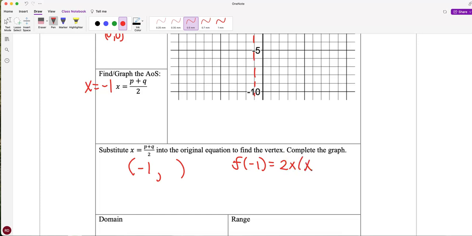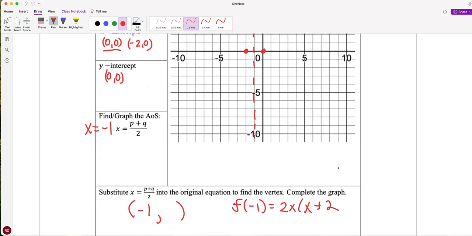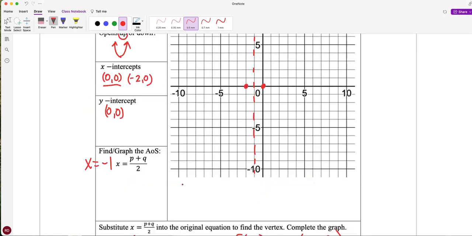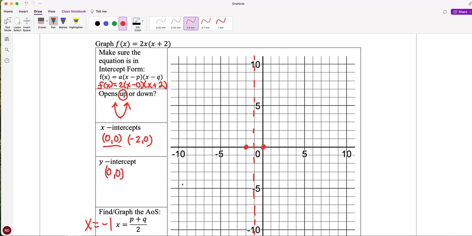X plus 2? Yep. So if I substitute in a -1, you get 2 times -1 times 1, which is -2. So there's the vertex, -1, -2, right there. This is the point, the line x equals -1.